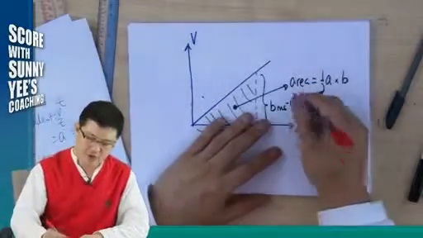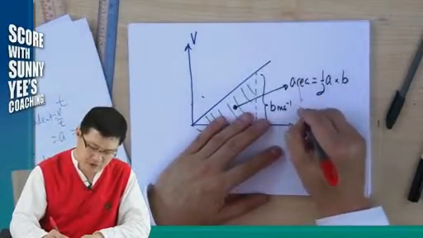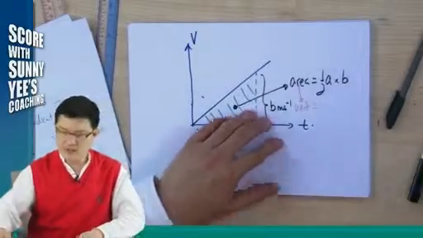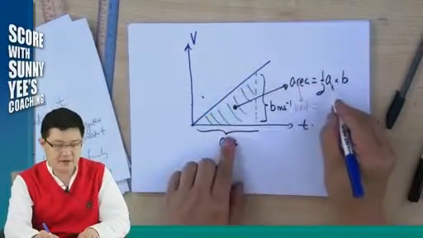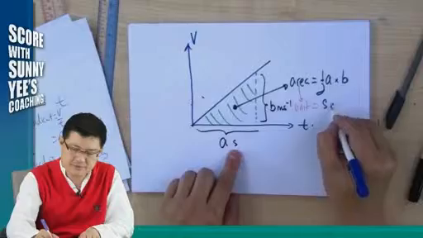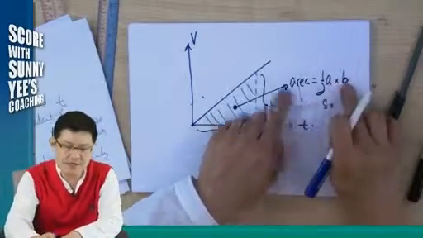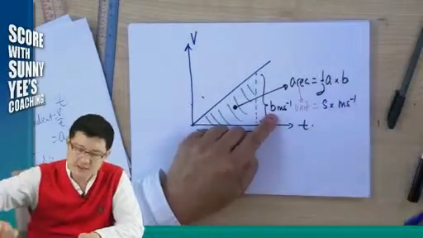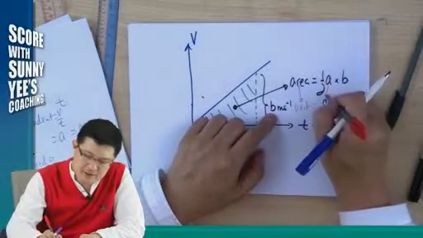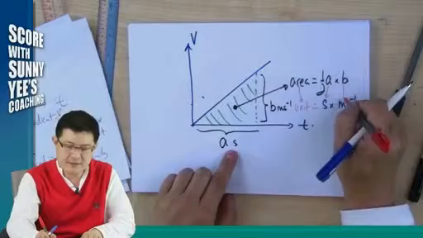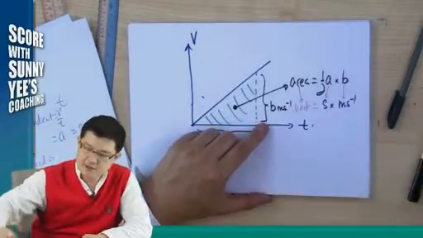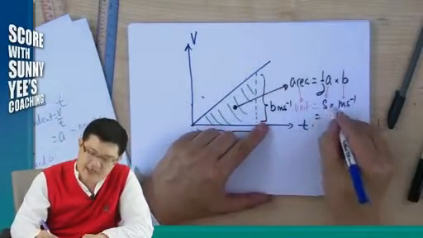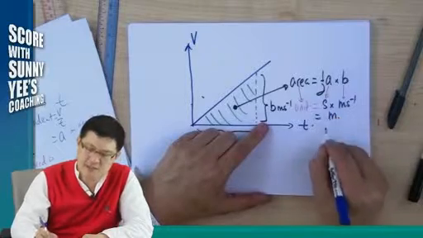However, I would like you to look at the units. What is the unit for the base? Second. What is the unit for the height? Meter per second. So second times meter per second gives you meter.